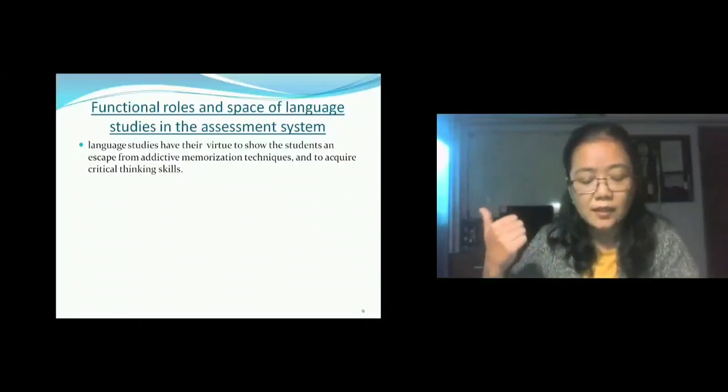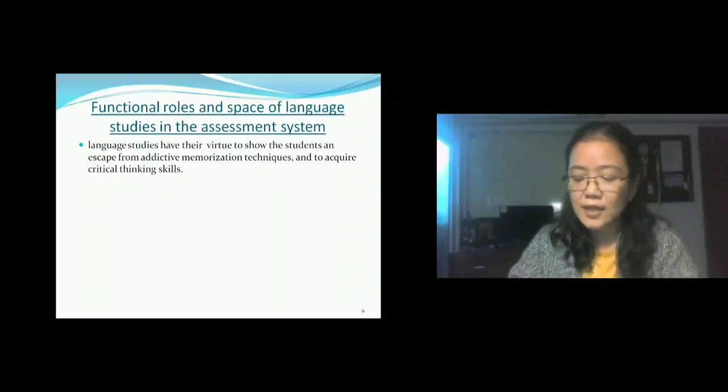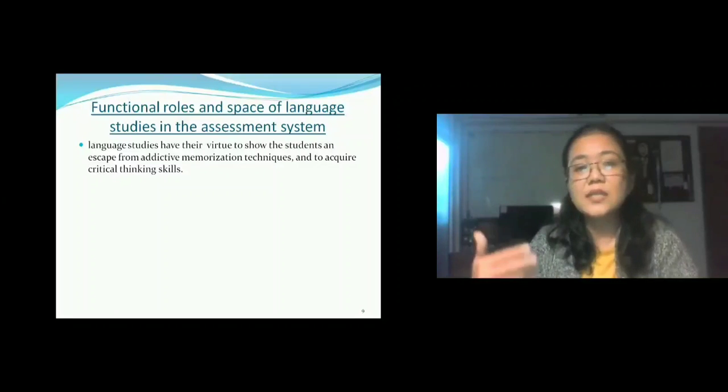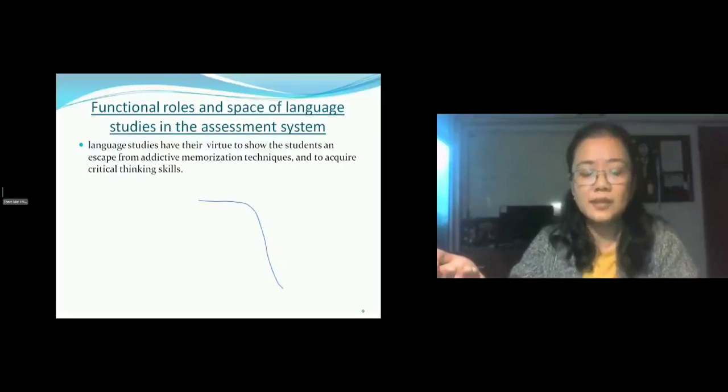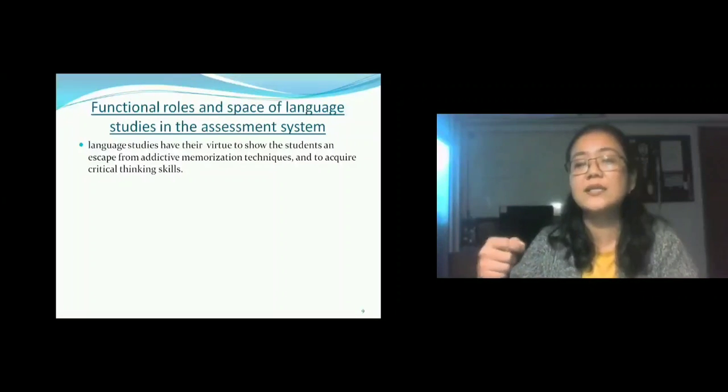Because language itself is what? With language, individual students can transmit their everyday life experience, even in the very strict exam marking system. Even through their exam system, they can still transmit their own feelings, their own personal life, through language.